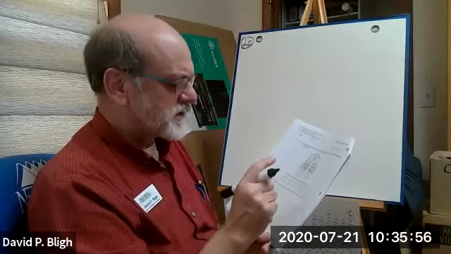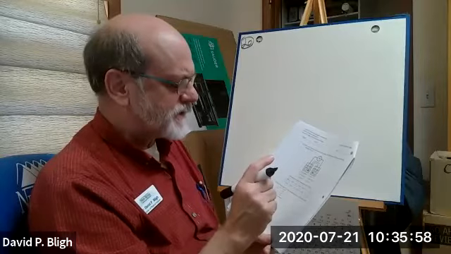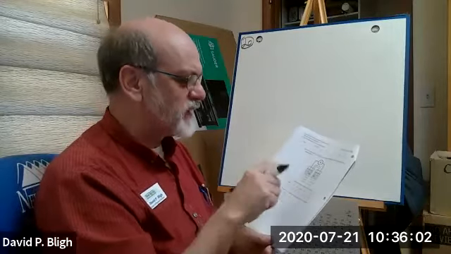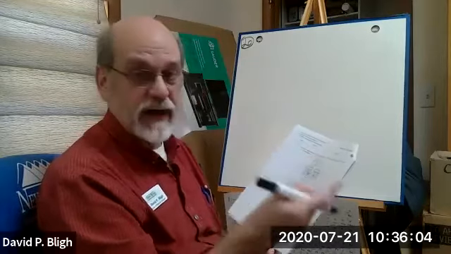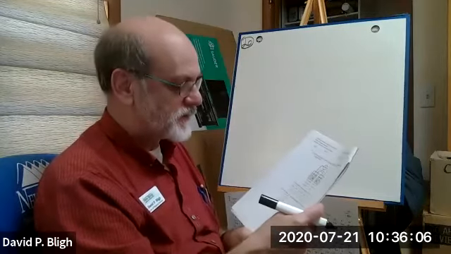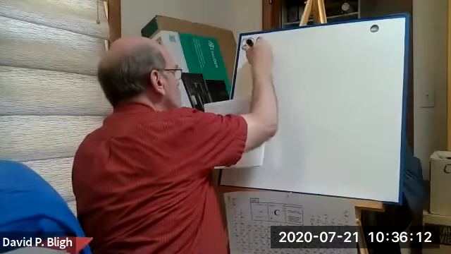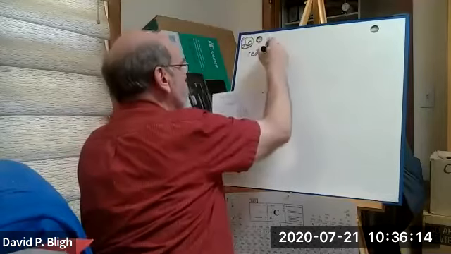The manganese side should be on the right-hand side. It should be the cathode. So that means reduction is this half reaction.